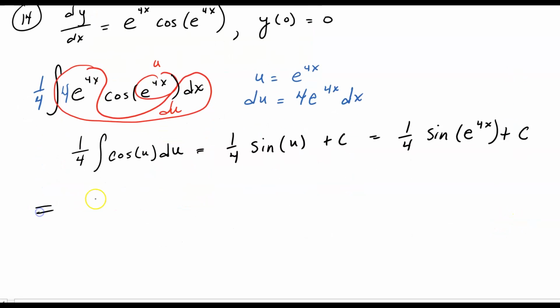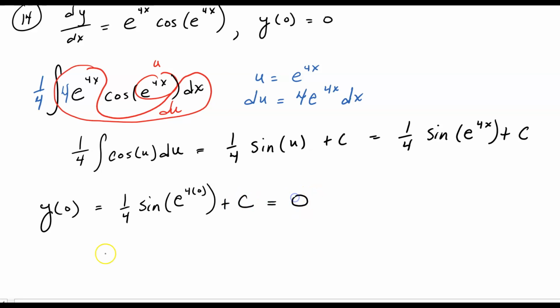Okay, so let's backtrack here for a second. I know that when I plug in 0, I'm going to get 0. So let's take a look. 1/4 of the sine of e to the 4 times 0 plus c should equal 0.